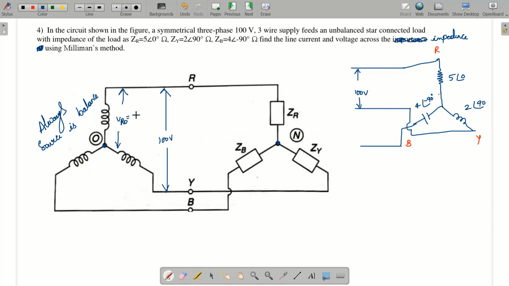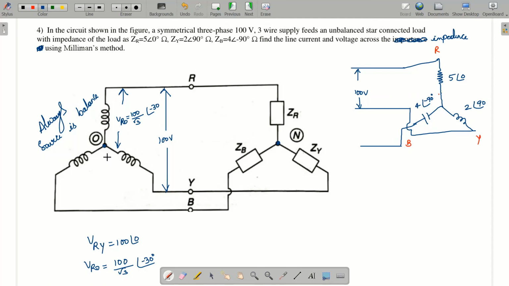I can write VRO equal to 100 by root 3 at an angle of minus 30. Why am I considering minus 30? Because VRY I have considered as 100 at an angle of 0, and the phase voltage will be 100 by root 3 and lag the line voltage by 30 degrees. That is the reason I have written 100 by root 3 at an angle of minus 30 degrees.